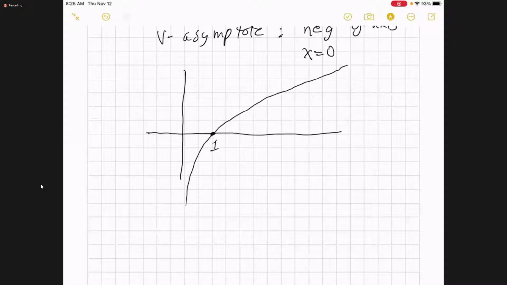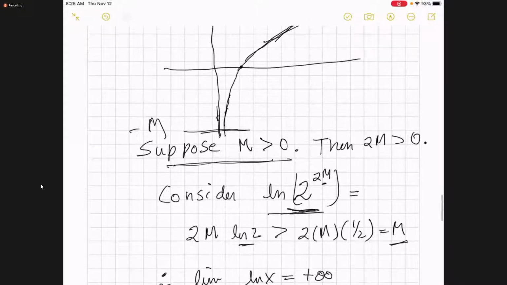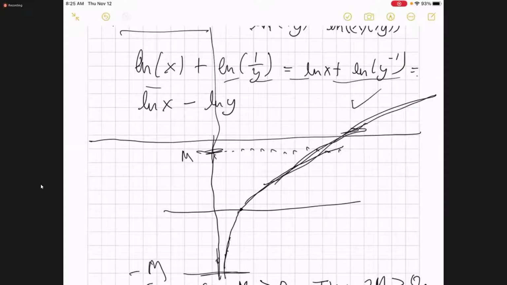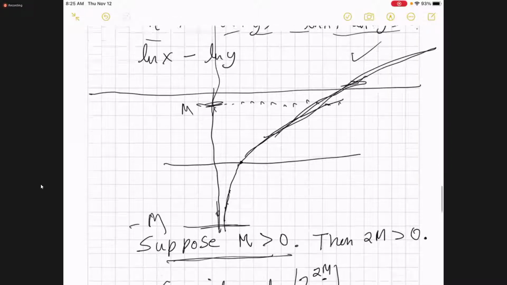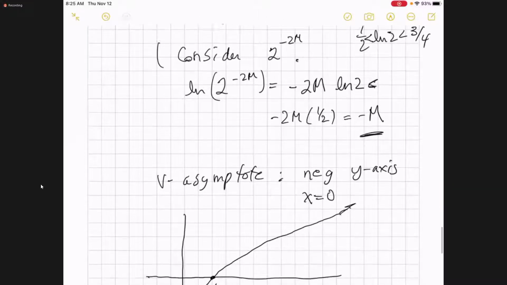Okay. So this is going down, this goes up forever. And that pretty much gives us all the properties of this function. Well, maybe that's too strong a statement, but we know a lot about it at this point.